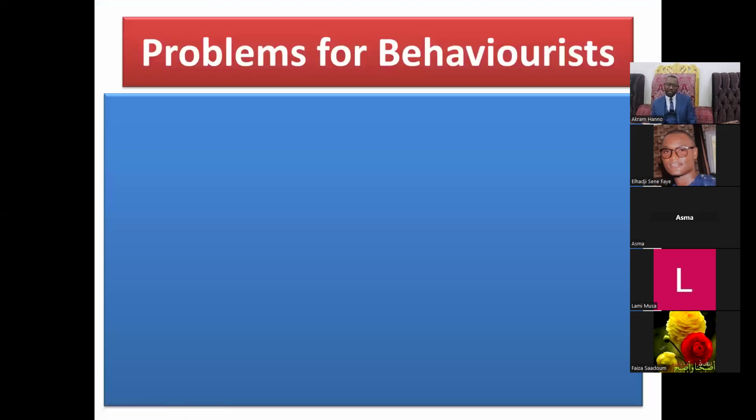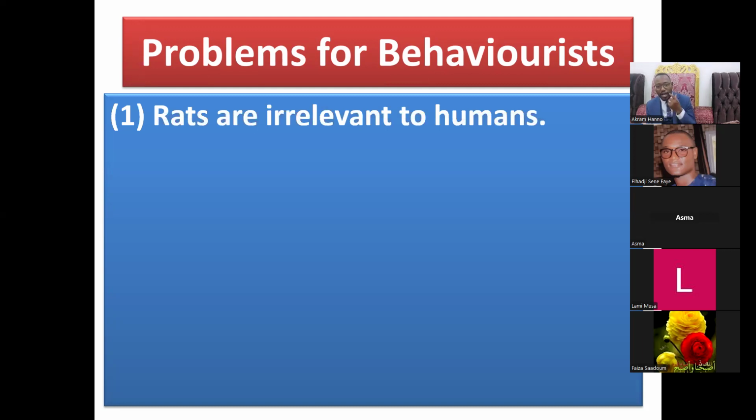Problems for behaviorists. We need to mention two of the famous, renowned behaviorists, who are psychologists: B.F. Skinner and his friend by the name of Watson, W-A-T-S-O-N. Rats are irrelevant to humans, because he did his experiment on rats.